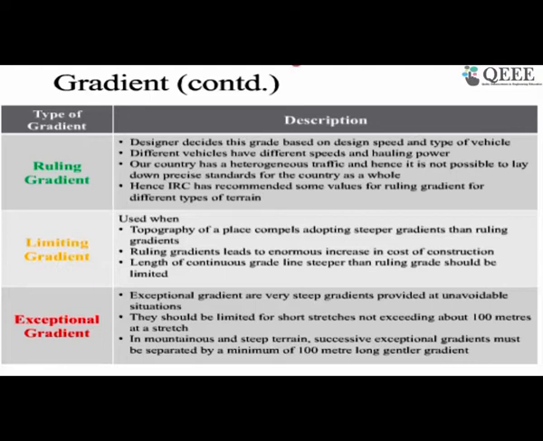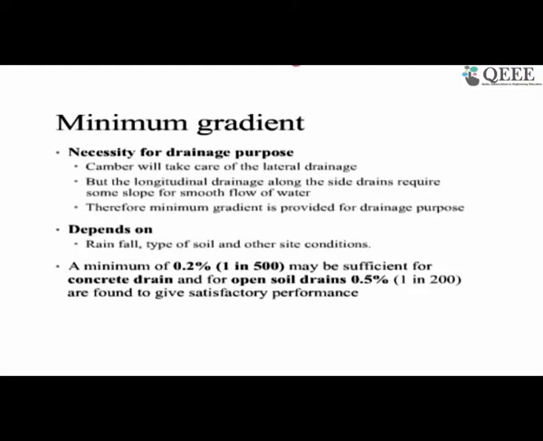The short stretch we are talking about should not be more than 100 meters, and this is mostly limited to mountainous and steep terrain. If, for a design issue or some constraint, it is not possible otherwise, you can provide the exceptional gradient.